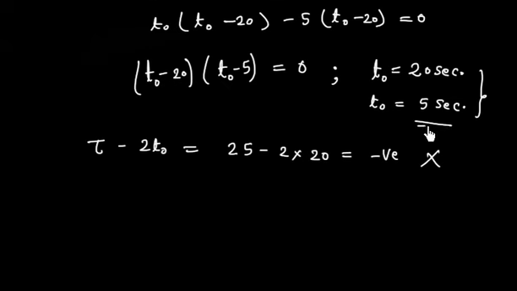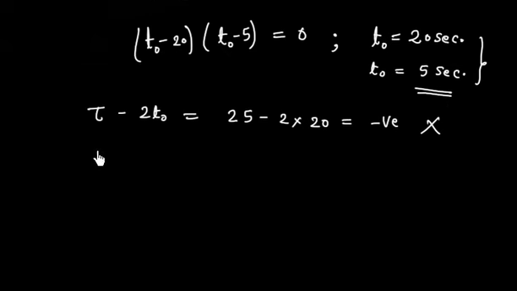So we have to take t naught as 5 seconds, so this is 25 minus 2 into 5, that is 10 subtracted, so basically we will have 15 seconds.